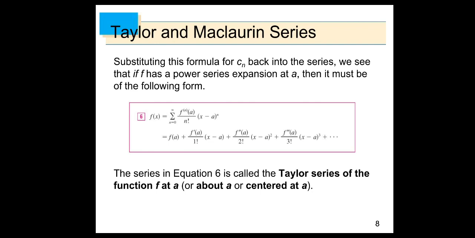We write f of x is equal to the sum of f superscript n of a divided by n factorial into (x minus a) to the power n, and n goes from 0 towards infinity.